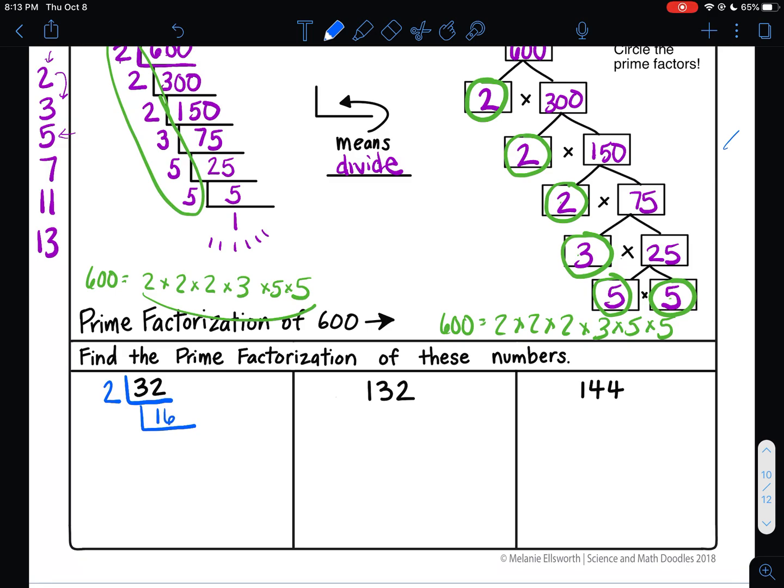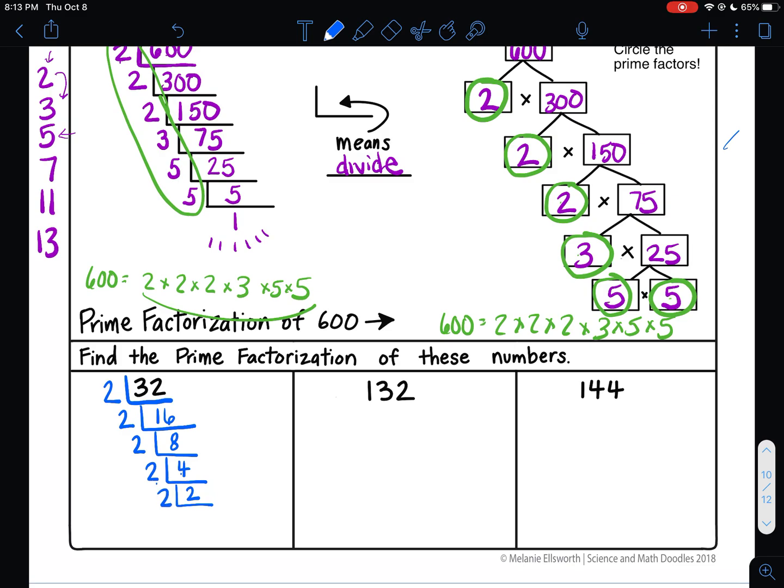So then we want to take 16 and see what prime number we can divide by. It's even, so I know it can divide by a 2. 16 divided by 2 is 8, so that goes in our next layer. So 8 is divisible by 2, so I'm going to keep dividing out the 2's. 8 divided by 2 is 4. 4 is still divisible by 2. Keep taking out 2's. 4 divided by 2 is 2.